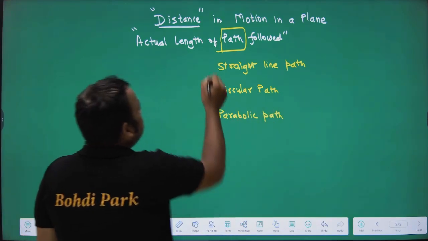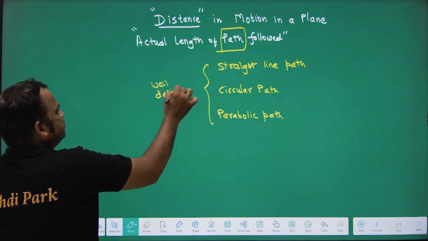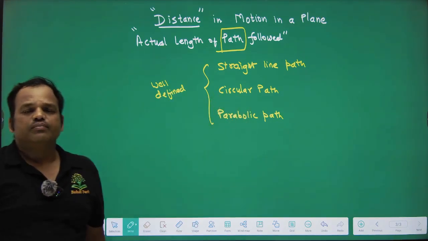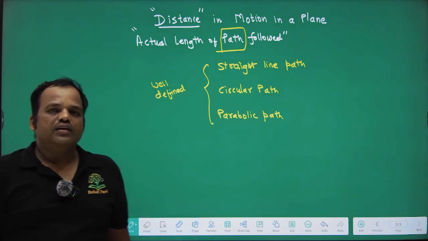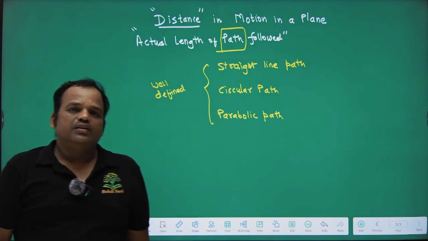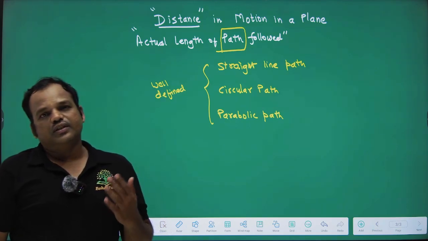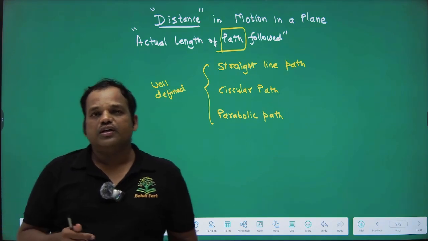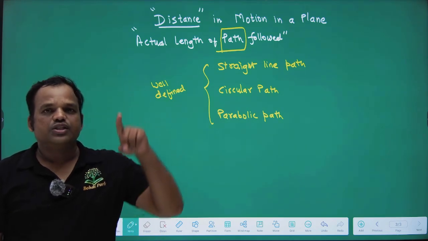These are some well-defined paths. An example of circular motion is a particle following a circular path. When a football is thrown in air under gravity, that type of path is parabolic. And if the ball is thrown vertically upward, the path followed will be a straight line.